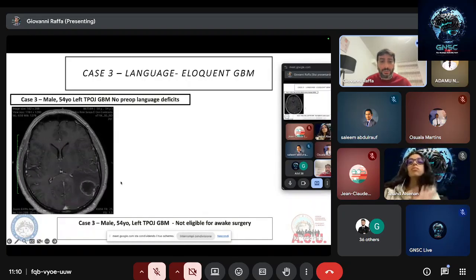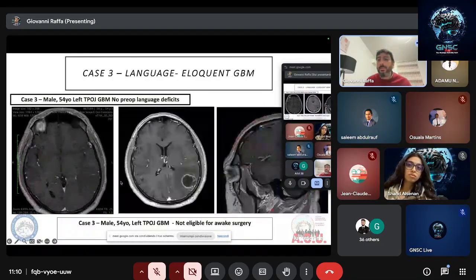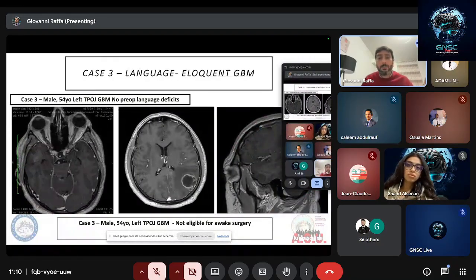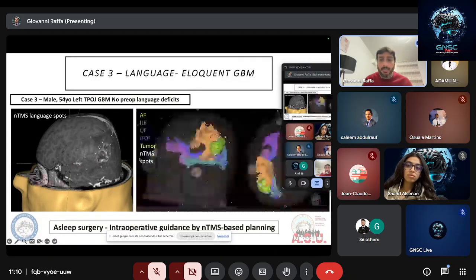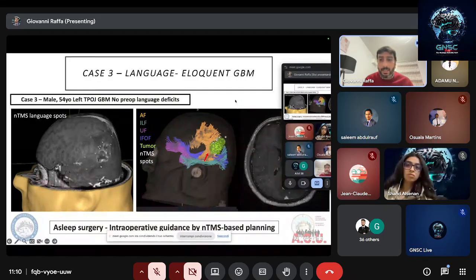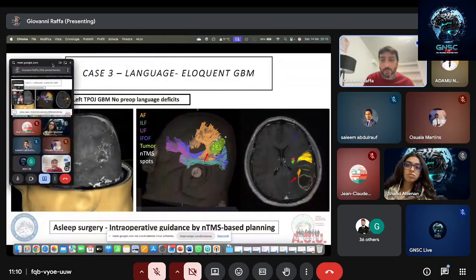The lesion is quite posterior, but is close to the TPOJ, so there could be some relation with the language fascicle. This is the language mapping, and this is the relationship between the lesion and the arcuate fascicle in orange. You can see the lesion is very, very close, so probably an awake surgery could be indicated.